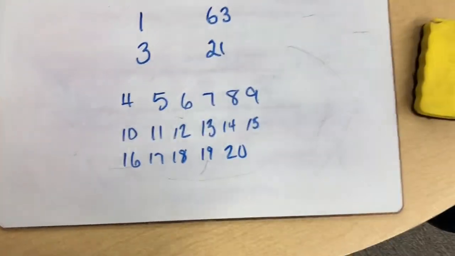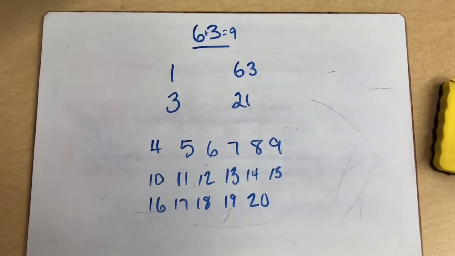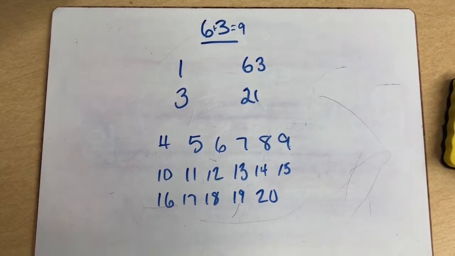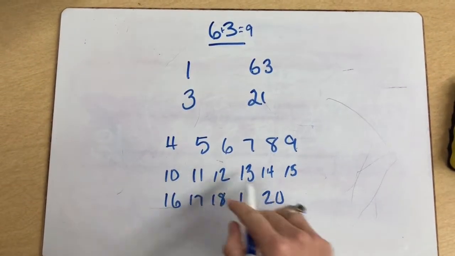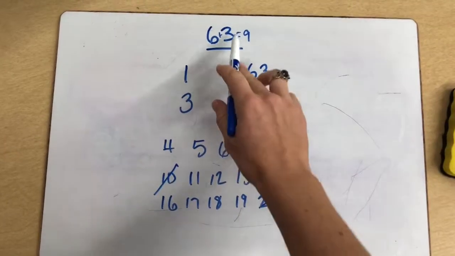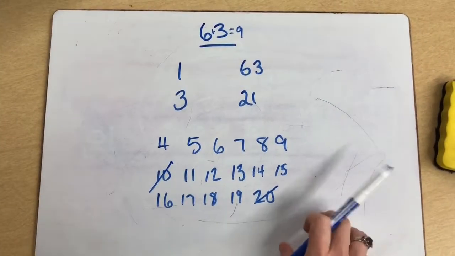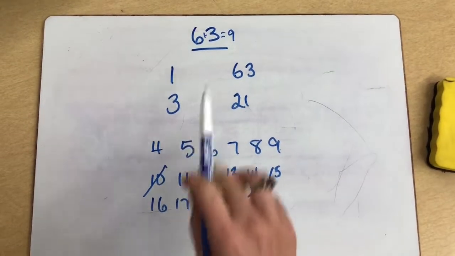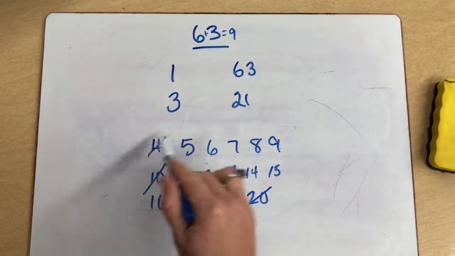And there's my 21. Do you see any that I could eliminate right off? What about the 10 and 20? Will those work? No, because this doesn't end in a 0. Will any even number work? No, because this doesn't end in an even number.